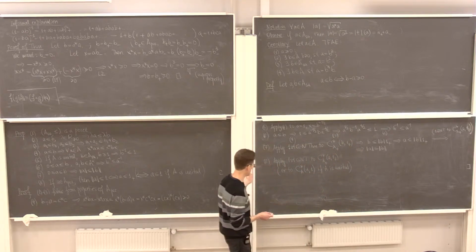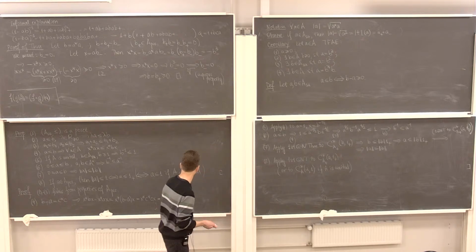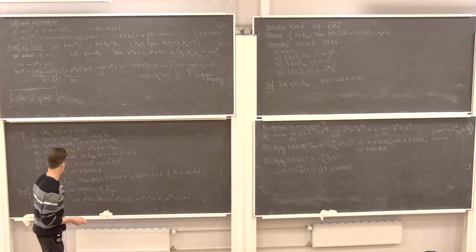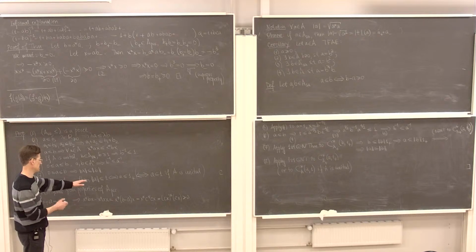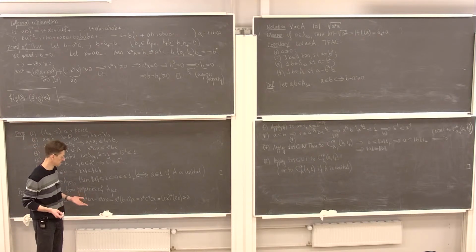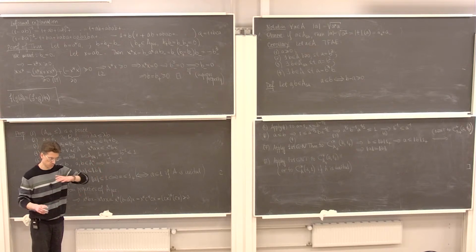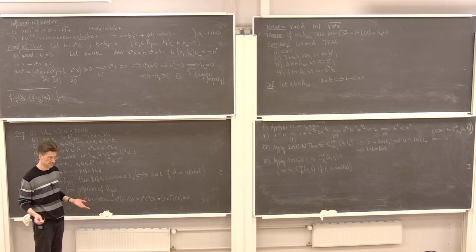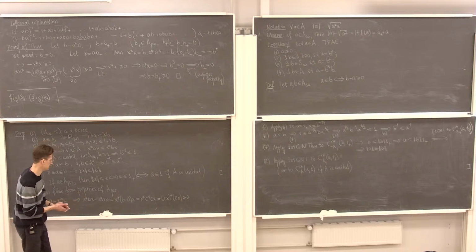And the same phenomenon appears in 8. So we just replace A by the C-star subalgebra generated by A and the identity. This is the algebra of continuous functions. And clearly, if we have a continuous function which is non-negative, then this function is less than or equal to 1 if and only if its supremum norm is less than or equal to 1. That's it.